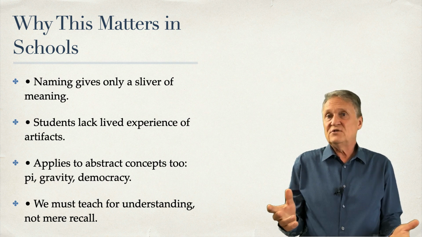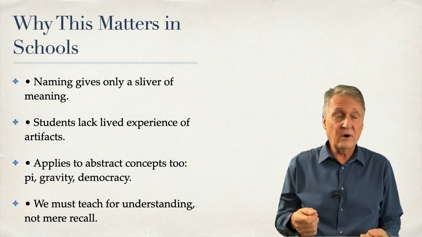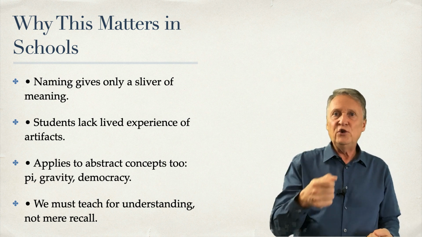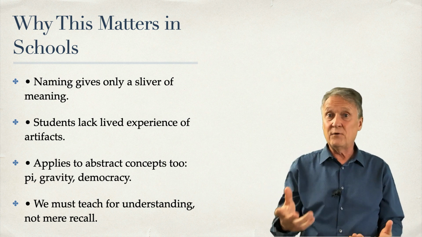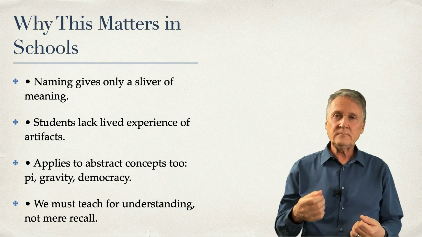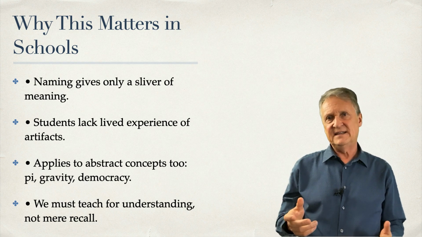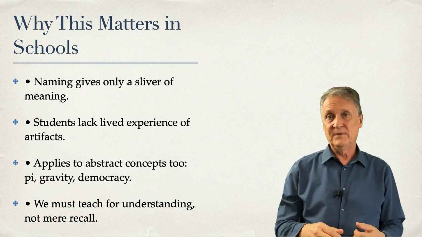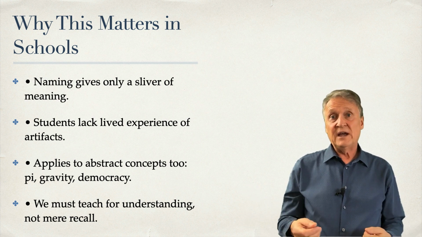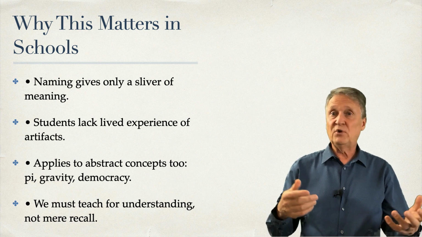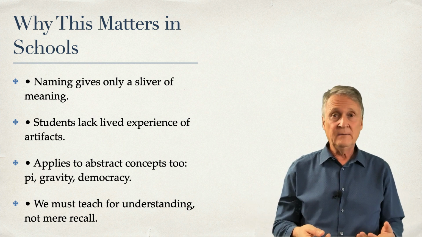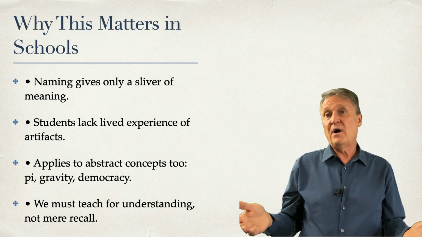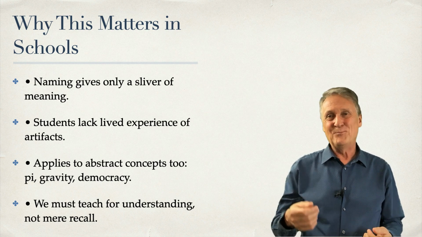Importantly, students don't feel what makes a fork, nor do they know how the design, the material, and use are all part of what gives the fork significance and meaning. The flawed nature of this scenario might seem obvious, but this labeling is common. We see it often showing up when students are asked to explain commonly used artifacts like pi or gravity or circuits or democracy. More on that later.